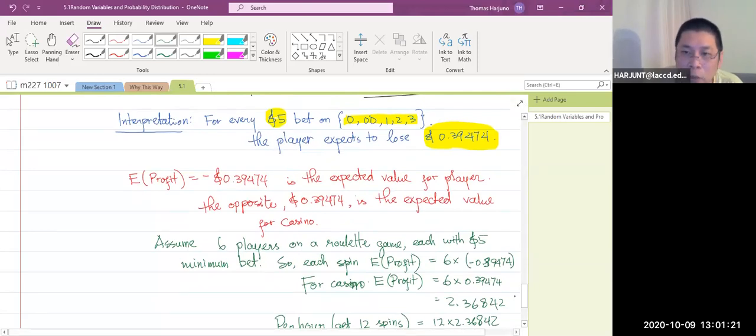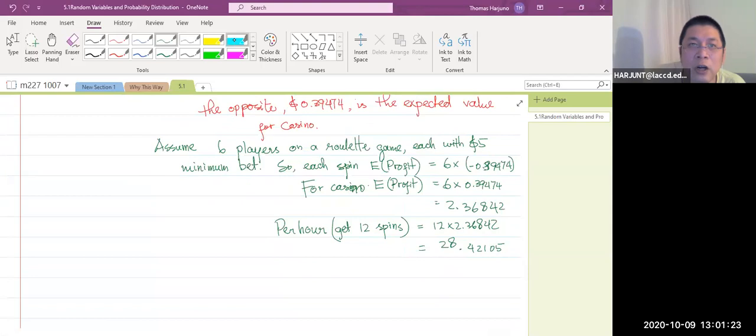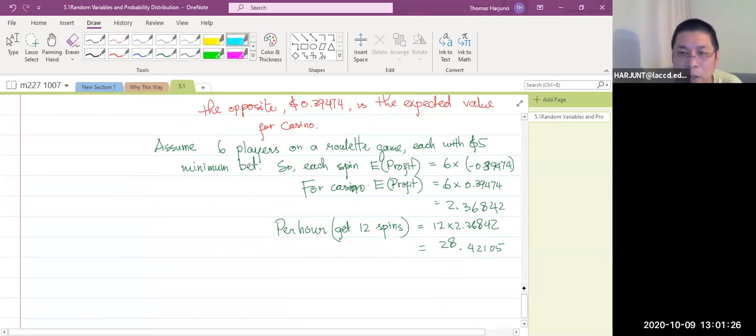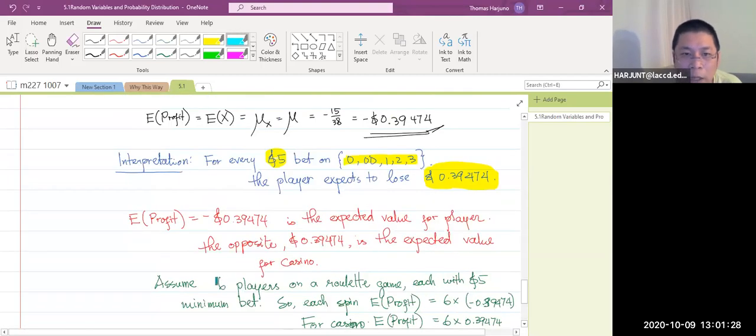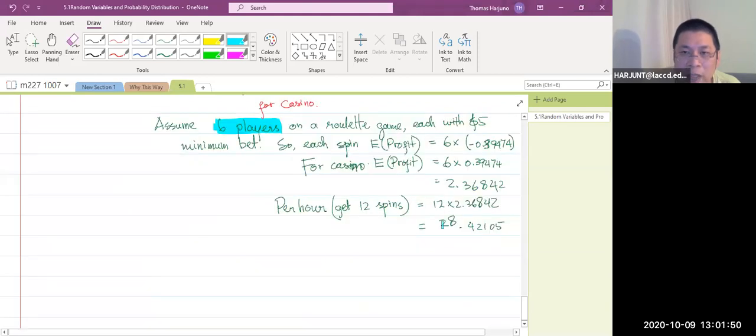So it is nearly guaranteed that nobody of these 6 players will bet only $5 every spin. At least one of them will bet more than $5 eventually in this 1 hour. So in expectation, each roulette table will make approximately $28 per hour.